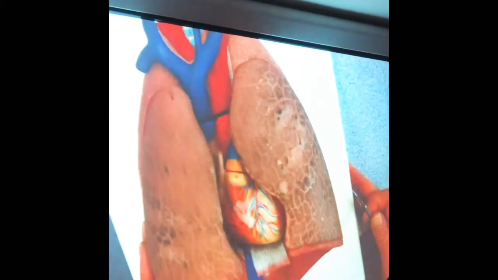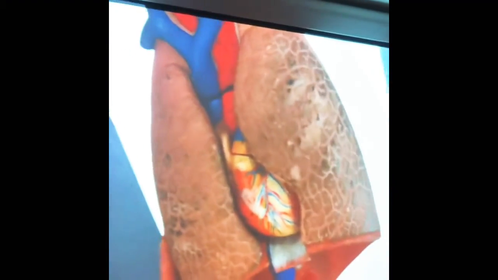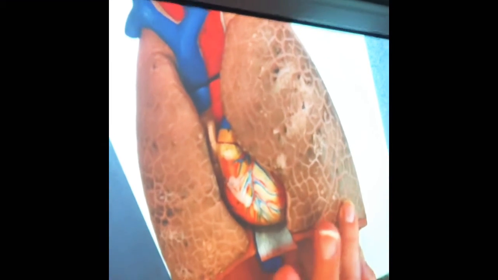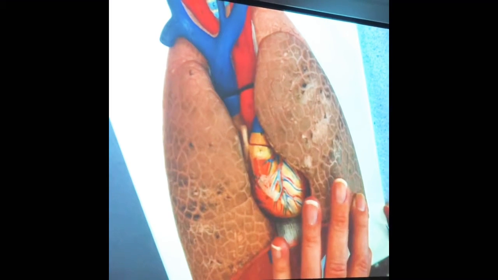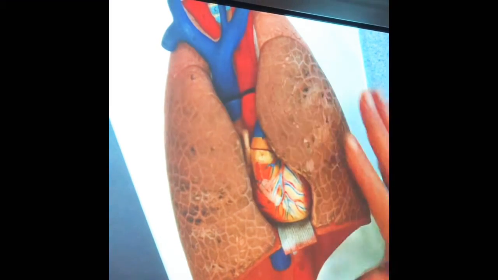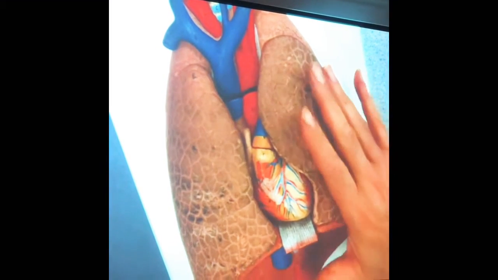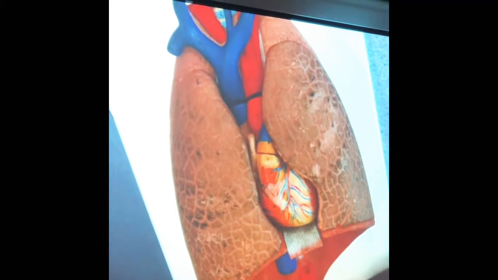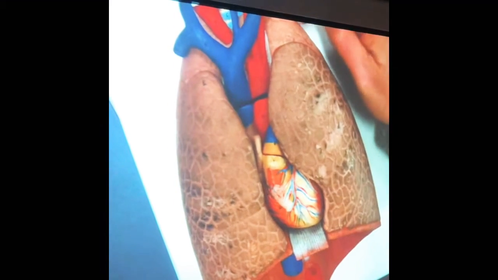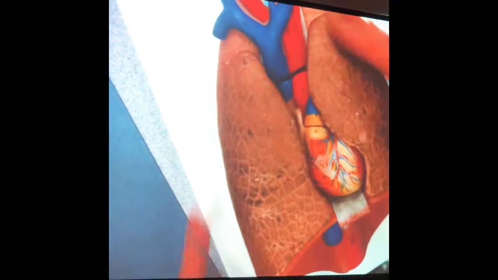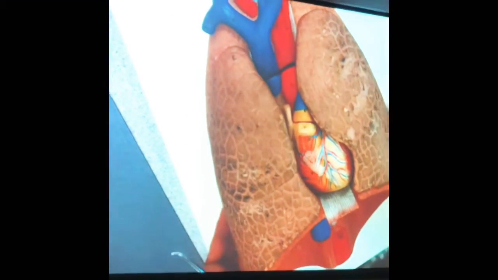The way it's coming down obliquely, most of the inferior lobe is in the back. Most of the superior lobe is in the front. At the apex, you might get some of the inferior lobe. No, the inferior lobe is basically behind.